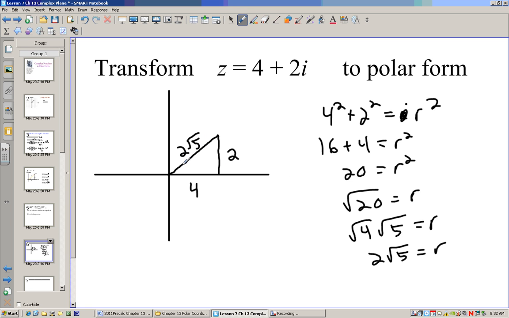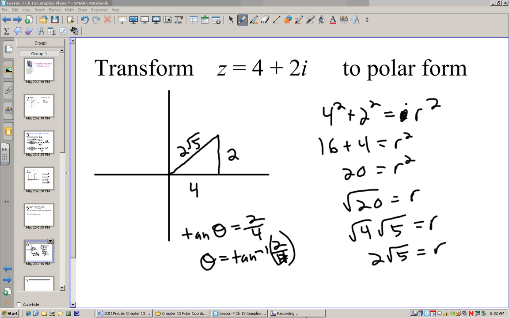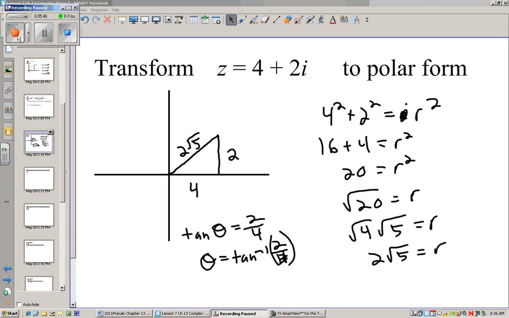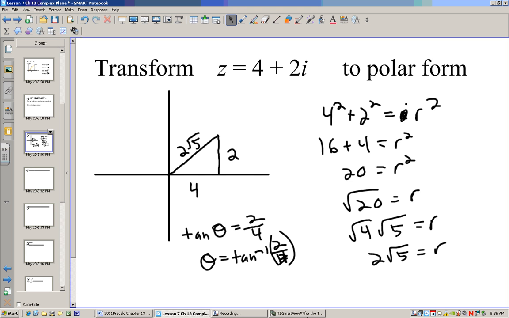Now if I want to find this theta, tangent of theta is going to be 2 over 4. So now I just take the inverse tangent of 2 over 4. That should be a 4 down there. And when we do that, all right, now I pause it to take out my calculator, get this loaded up.